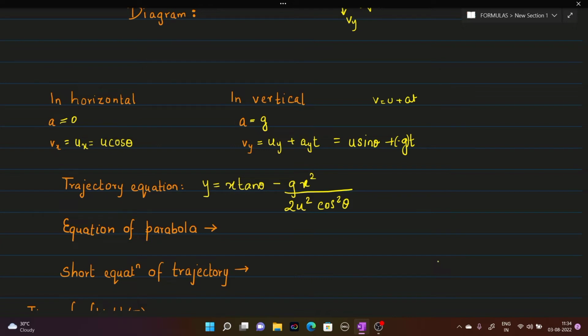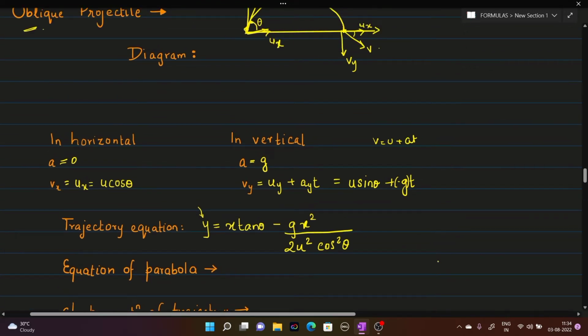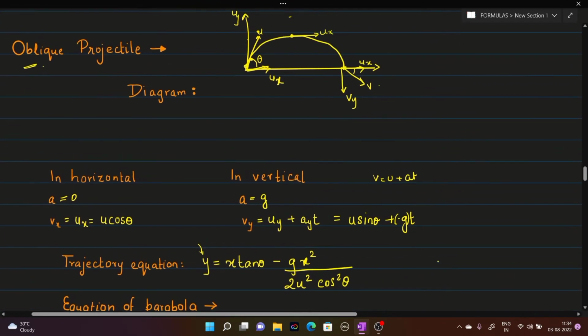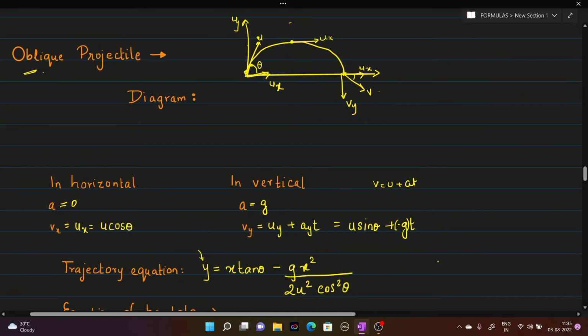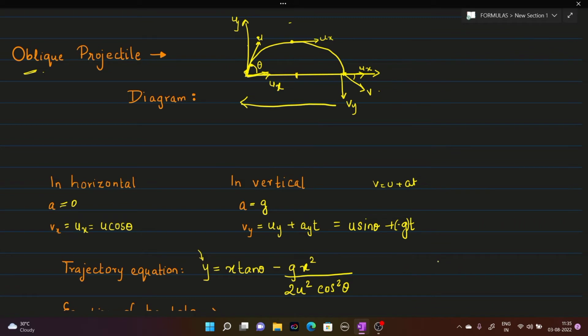Over here each and every term represents one thing. See, y represents the distance from the y-axis. Looking at the diagram, this entire thing is said to be the range.